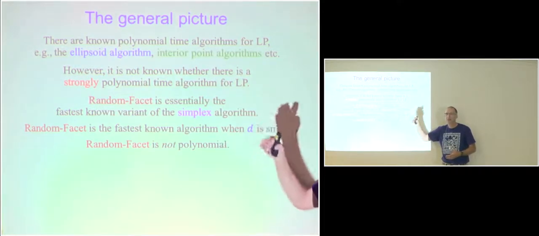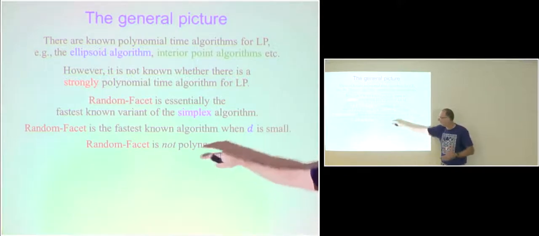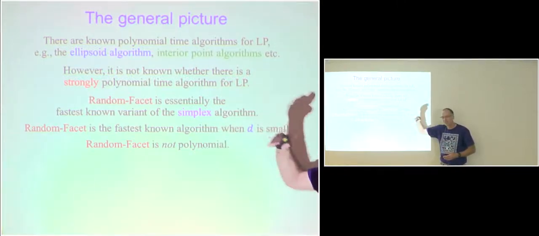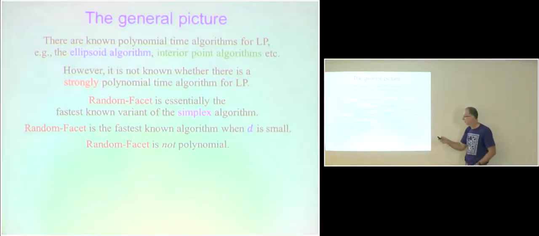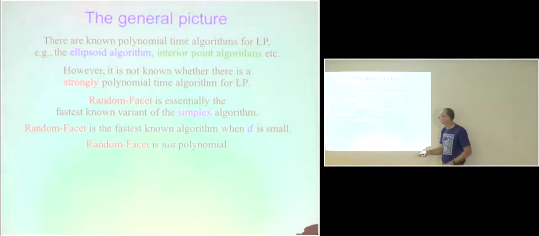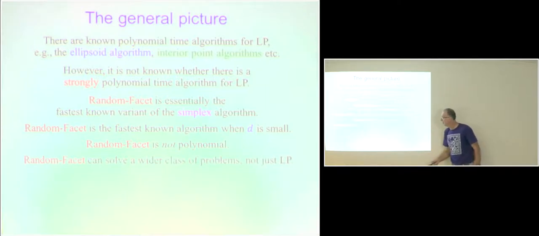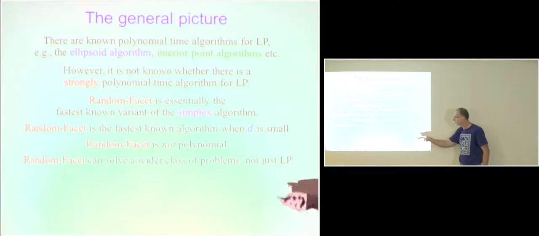There are also non-polynomial lower bounds, essentially bounds of a sub-exponential nature. So if we want a polynomial variant of the simplex algorithm, we would have to think of something new.